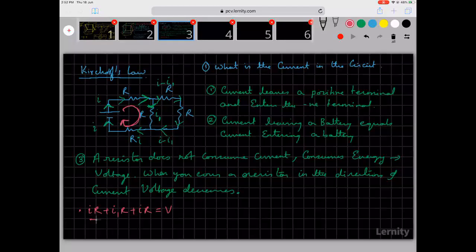This is the loss in potential, this is the gain in potential. When I go from negative to positive, I gain potential. In the direction of current, I am losing potential. So here loss in potential is equal to the gain in potential.